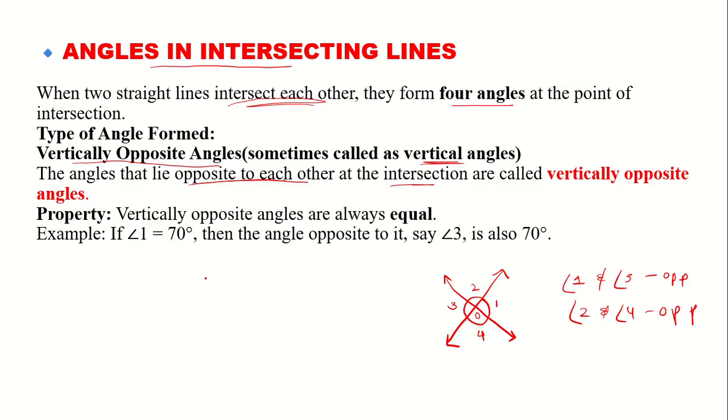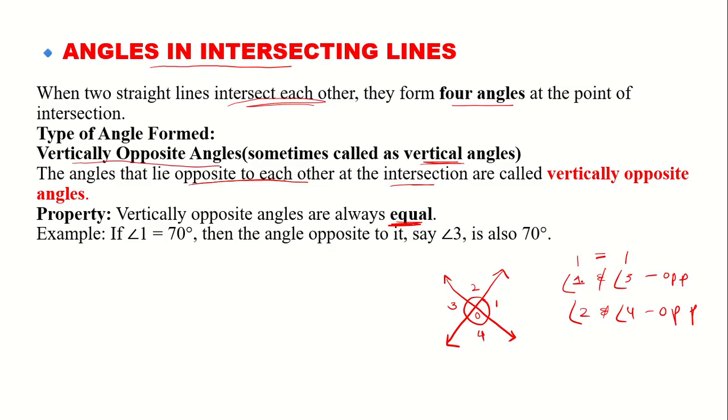And we have an important property in this topic, which is vertically opposite angles are always equal. So, 1 and 3, which are vertically opposite angles, these are always equal.